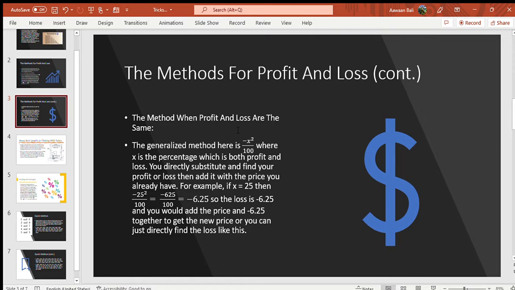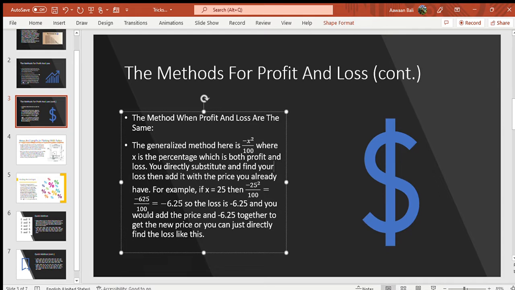But the thing is, there is never any profit. If the profit percentage and the loss percentage are the same, then you will always get a negative loss. That's why it's minus x squared instead of x squared.